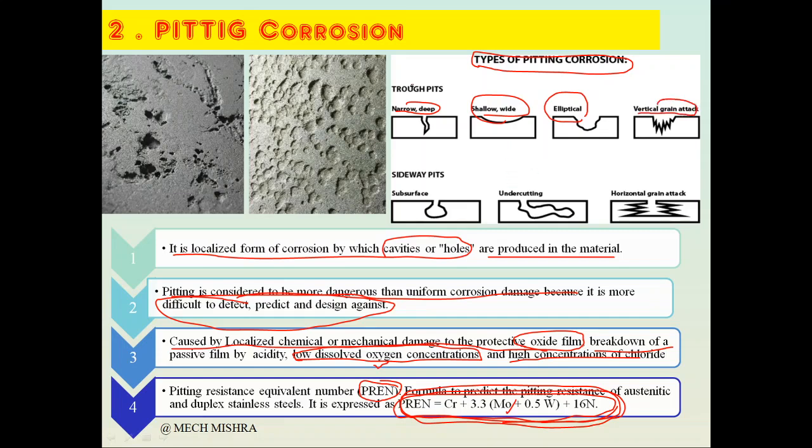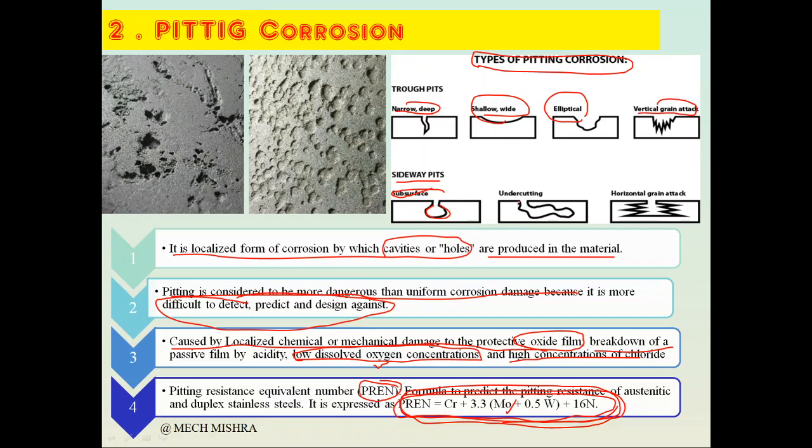These are the through pits. Then come sideway pits. Then subsurface pits: from the top we can see only a small hole, but if we remove some of the metal surface we can find deep pitting inside, which we cannot see from the top.